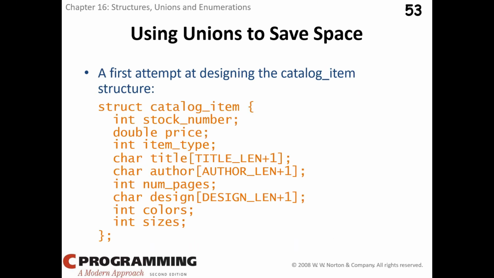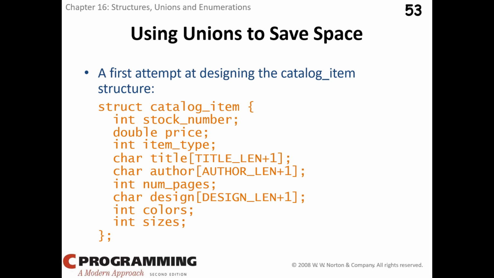So this is our initial approach on designing a structure to represent items sold through a gift catalog. We start with a structure named catalog_item, and the structure aims to encompass various types of items, including books, mugs, and shirts. To accommodate the diverse attributes of these items, our structure includes several fields, which are a stock number to uniquely identify each item, a price to indicate the cost, and the item type to denote the type of item.